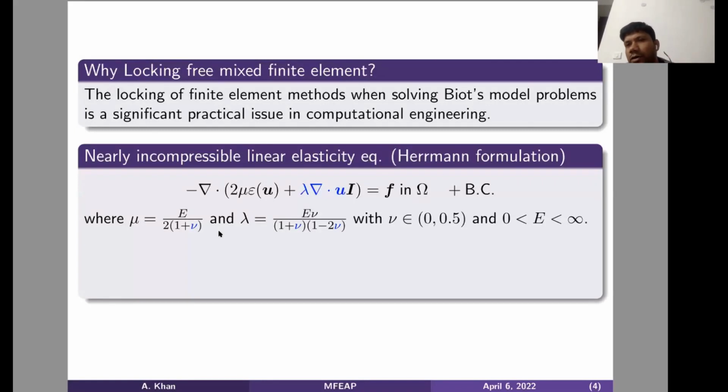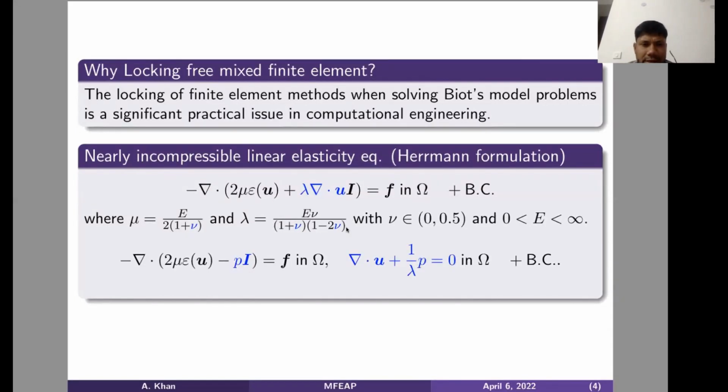In the nearly incompressible case, mu is fine, but lambda contains the term 1 minus 2 nu. So when nu approaches one half, this term tends to infinity, and if we solve using a conforming finite element method, we face this locking and we will not get the correct displacement.